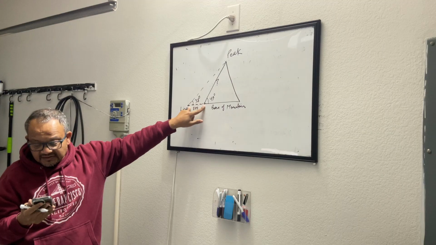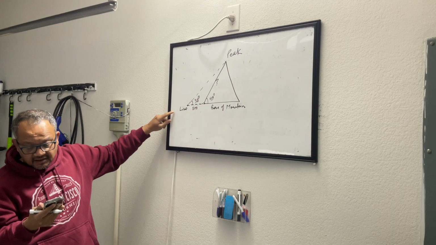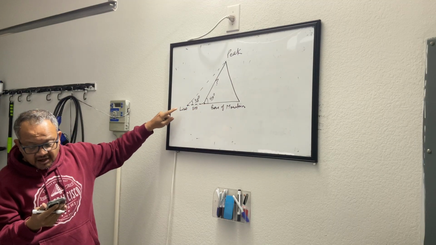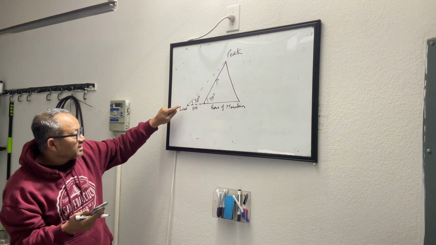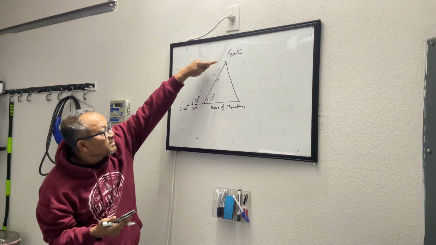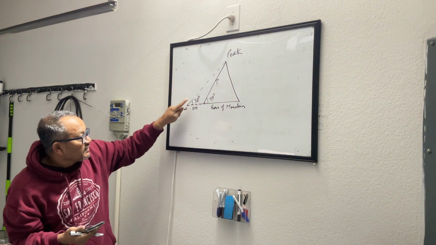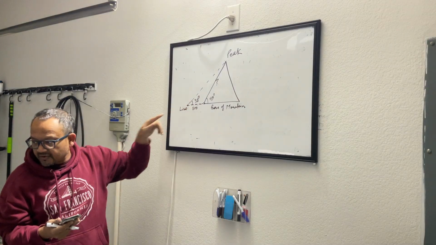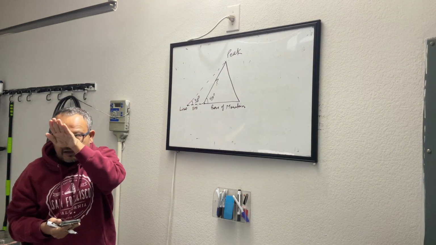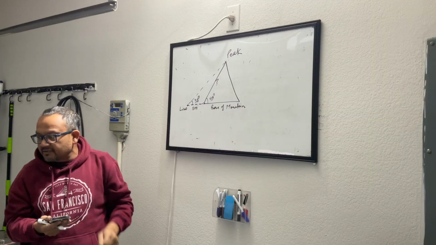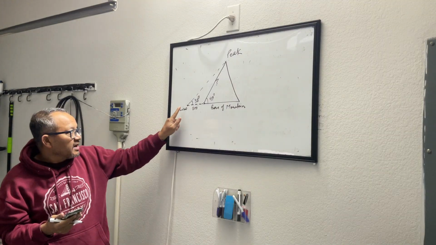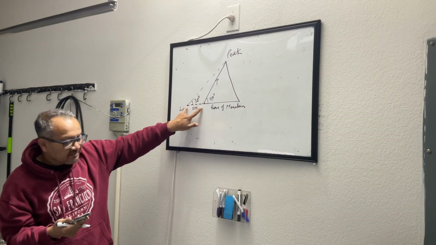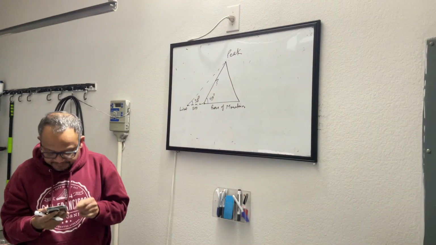From where she stands, she measures the angle of elevation to the peak of the mountain to be 38 degrees. So from here to the peak of the mountain, the angle of elevation is 38 degrees. She is lifting her eyes by 38 degrees to be able to see the peak of the mountain from this place, and this place is 800 meters away from the base of the mountain.